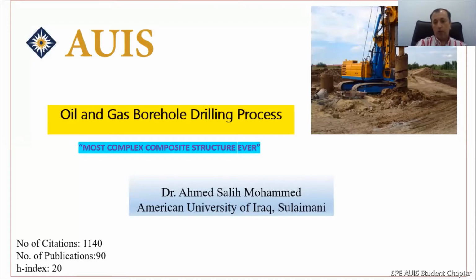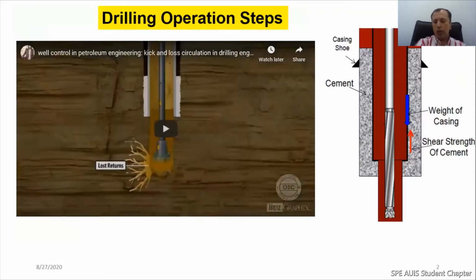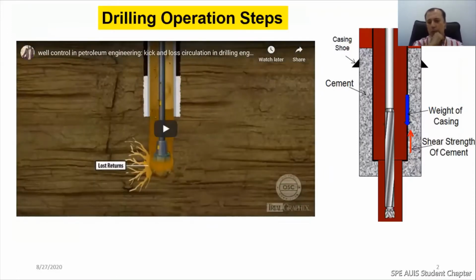So for that, we will face a lot of problems. For that reason, we are going to use several types of material, and we have to connect them together. We have to tie them together. It's difficult.